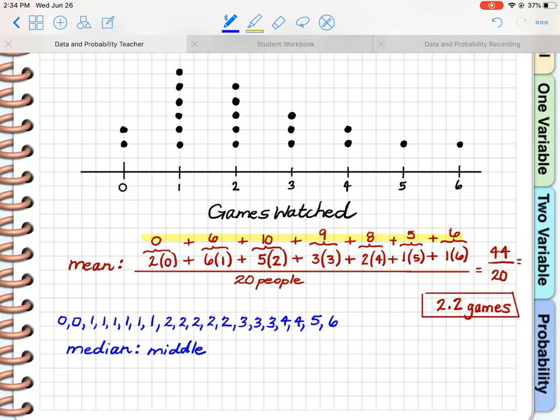And we want to know where the middle is. So the middle of 20 is at the 10th number. So I'm going to count 1, 2, 3, 4, 5, 6, 7, 8, 9, 10. So right there's the middle. And we see that there's a 2 there. So the median for this data is 2.